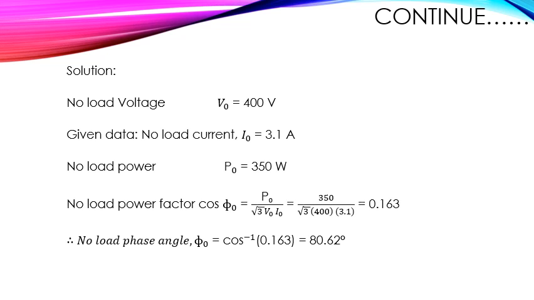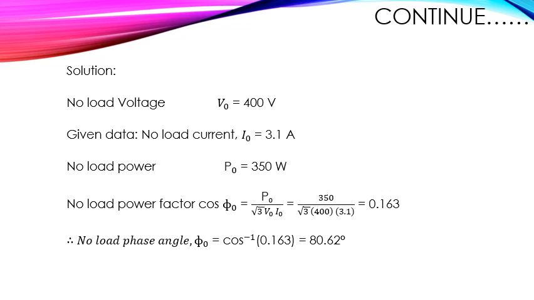So let us see the given data first. As per the no load test, no load voltage is 400 volts, no load current is 3.1 ampere and no load power is 350 watts. Using that we can find the no load power factor, which is equal to P0 by root 3 V0 I0.